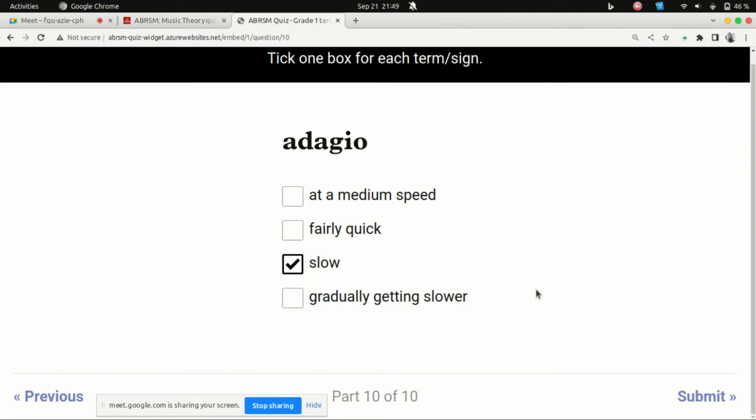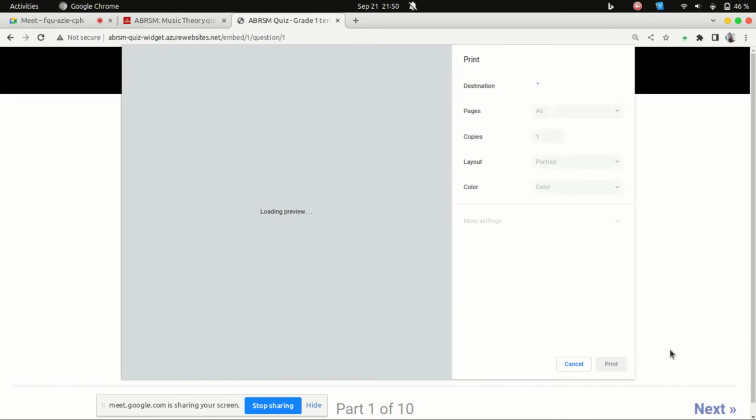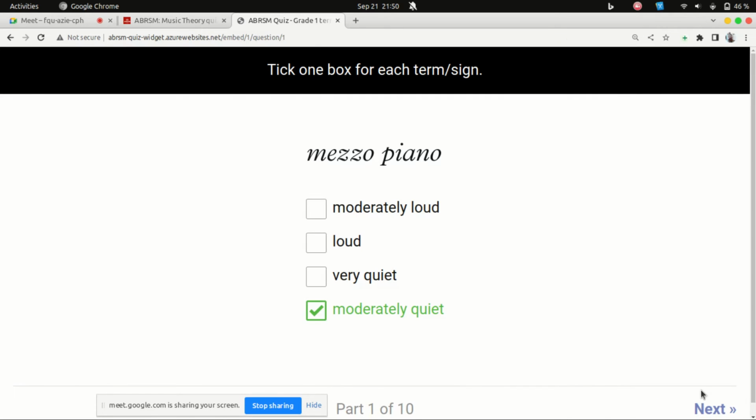Allegretto, it should be fairly quick. And Crescendo is gradually getting louder. So he got 8. And those are the questions that you missed.